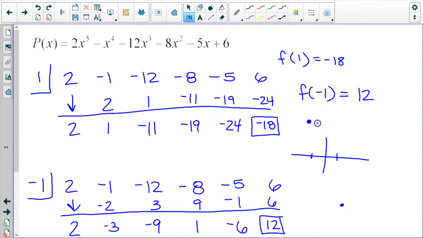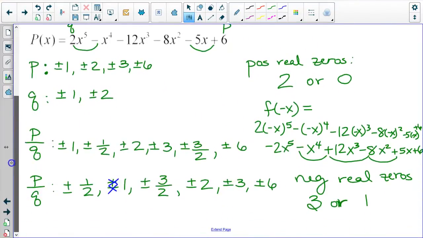So to get from point A to point B, it has to cross somewhere. Now, it can cross maybe at negative 1/2, or maybe it crosses at positive 1/2. I don't know. But it helps me figure out that there's definitely a 0 between negative 1 and positive 1, right? So I backed up to my list and I said, are there any choices between negative 1 and positive 1? Yeah, we have negative 1/2 and positive 1/2.